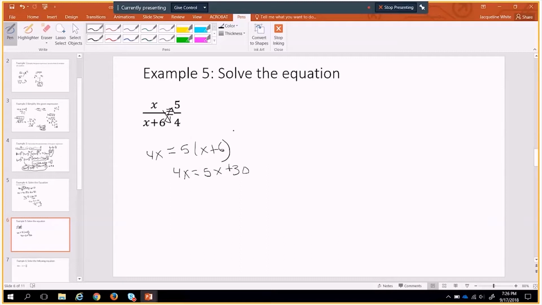So, gotta subtract 5x on both sides. We're going to get negative x is equal to 30, right? We still have that negative out there, so we have to divide by negative 1 on both sides. So that's going to be x is equal to negative 30 for this one.